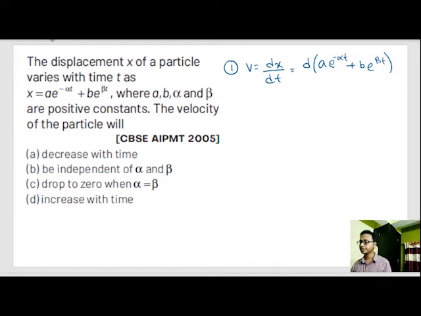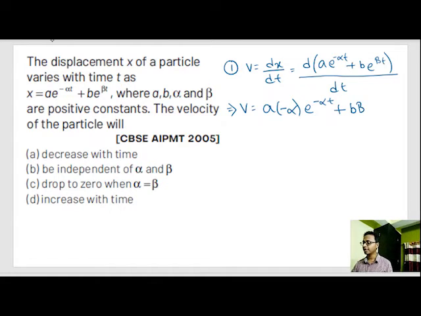While differentiating, we get a into minus alpha into e to the power minus alpha t, plus b into beta into e to the power beta t. Our velocity comes as v equals minus a alpha e to the power minus alpha t plus b beta e to the power beta t.